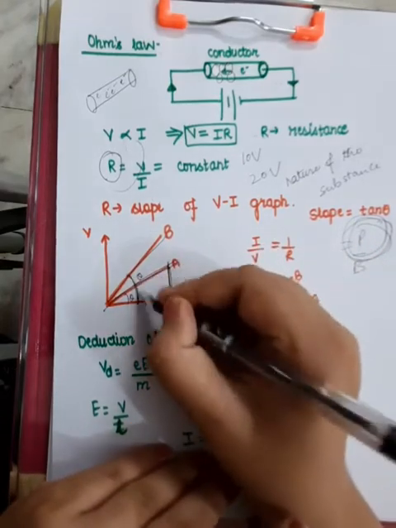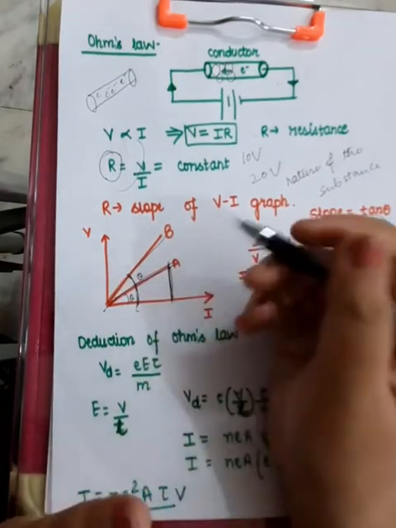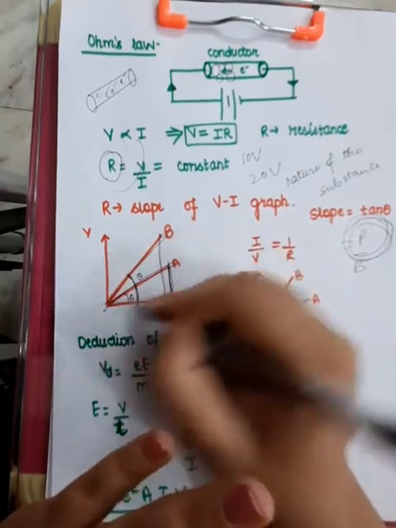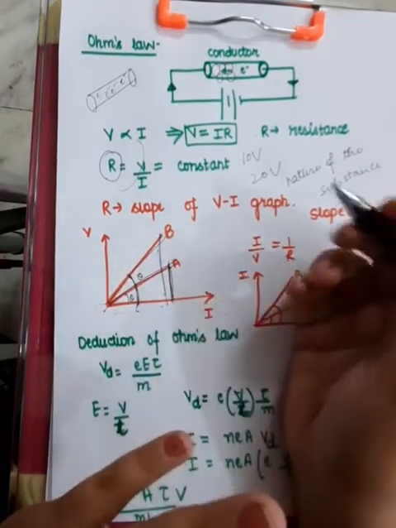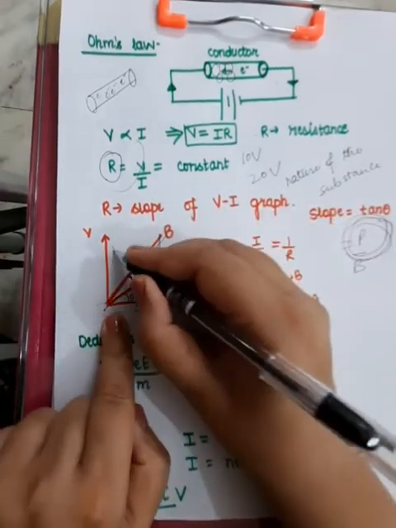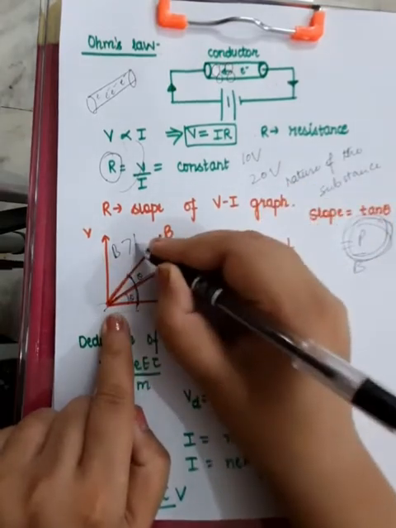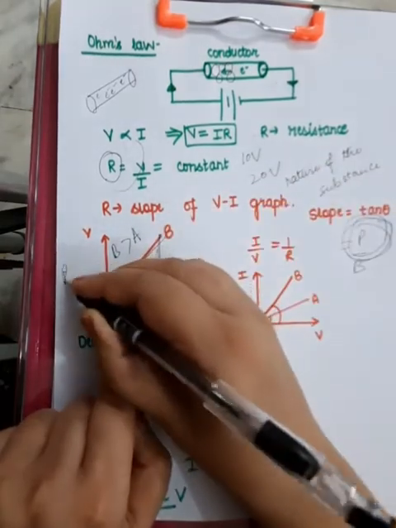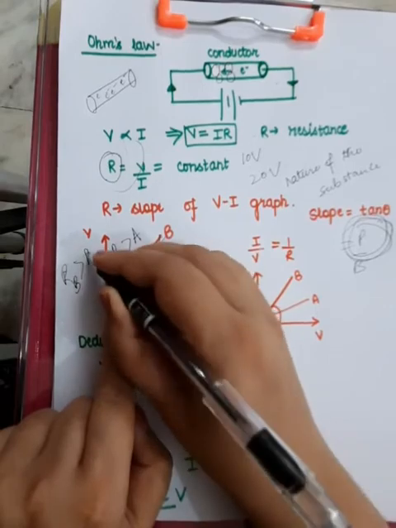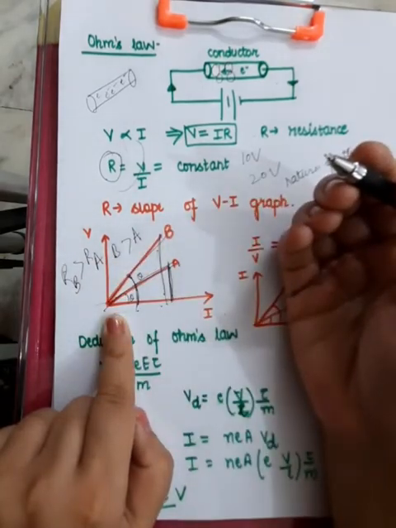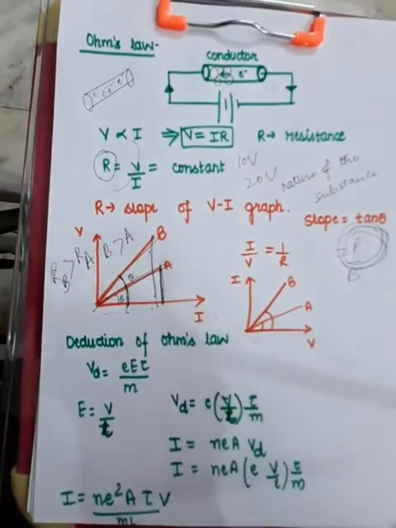The angle that it subtends is more, and of course the perpendicular by base ratio will be more. So this means B has higher resistance as compared to A. Resistance of material B is greater than resistance of material A. So this is the conclusion from a VI graph, if a VI graph is given to you.